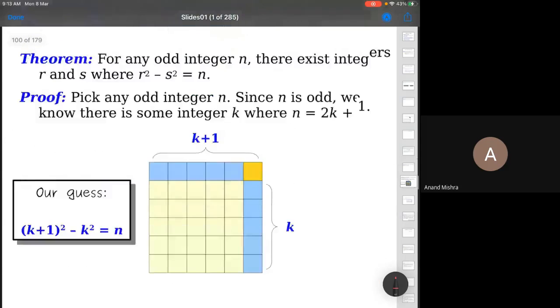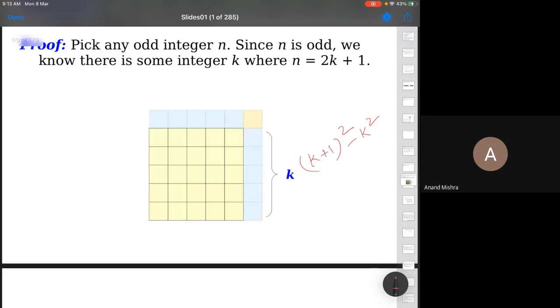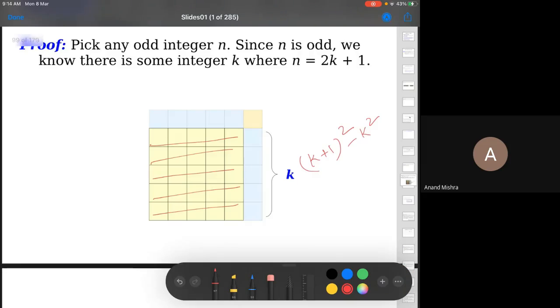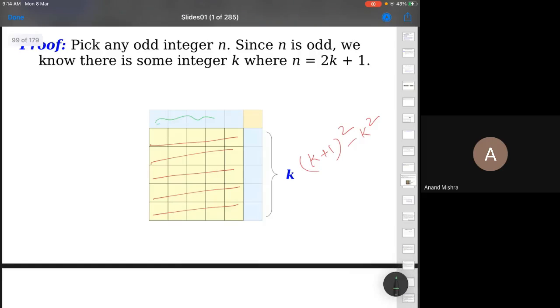Yeah. If I remove k square, all these things will be removed, right? So if I remove k square, whichever are marked in red will be removed. So what will remain is these guys, so maybe I can mark them in green. And what are those guys?